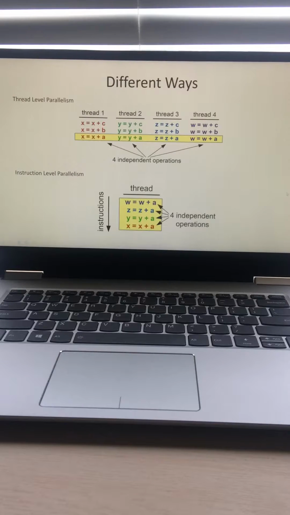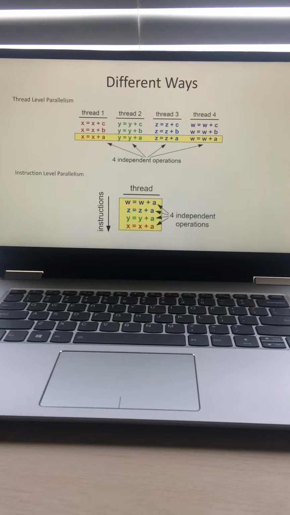Now there are different ways to hide latency in arithmetic operations. One is thread level parallelism, and the second is instruction level parallelism. In thread level parallelism, suppose there are 4 independent operations as in the given case, then we can run these 4 independent operations on different threads simultaneously to achieve better performance.